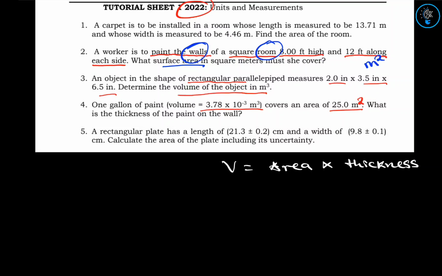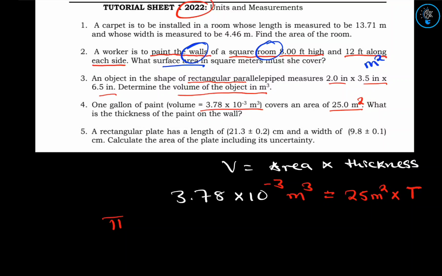So we know that the volume is 3.78 times 10 to the power -3 meters cubed is equals to the area, we know that is 25 meters squared multiplied by the thickness.